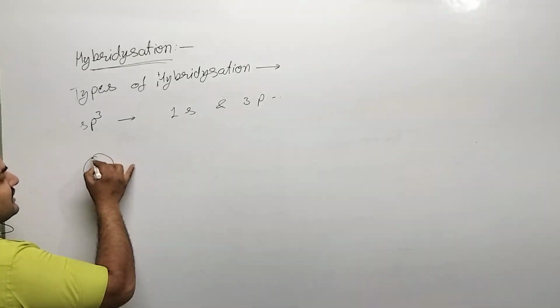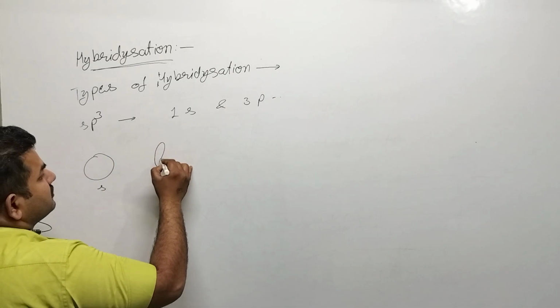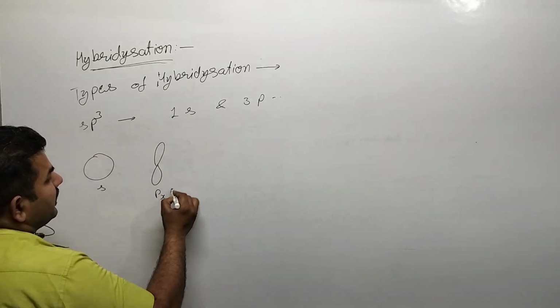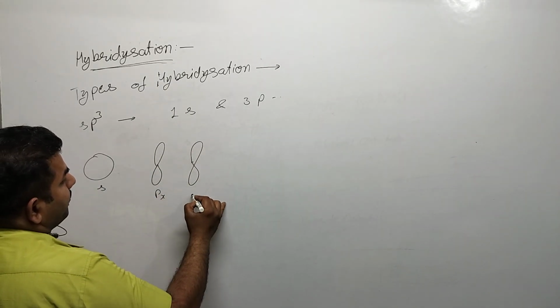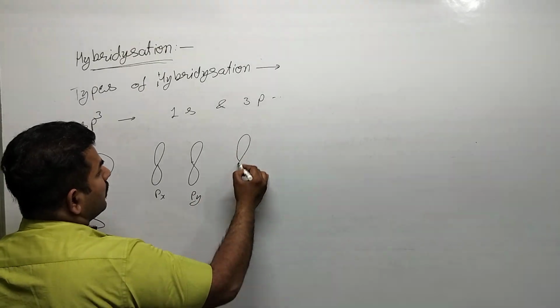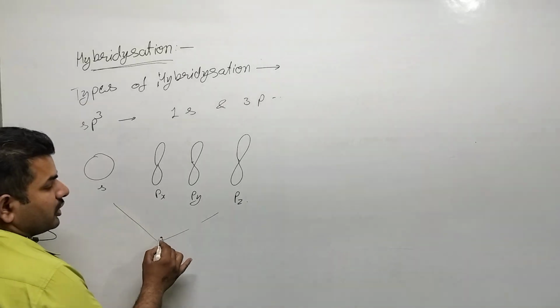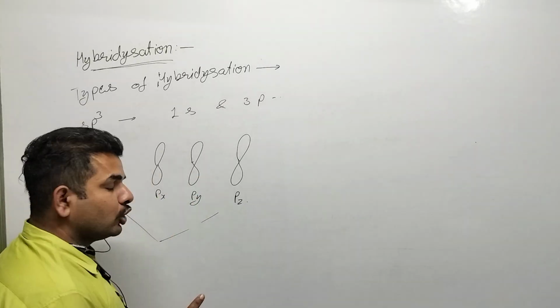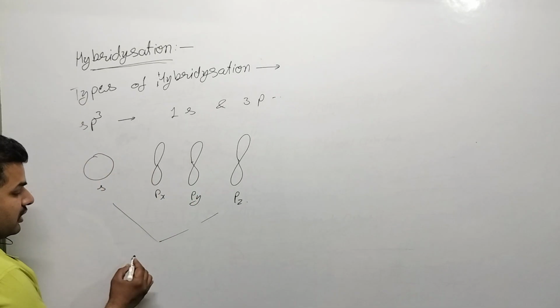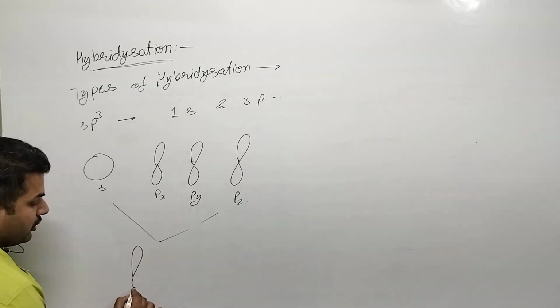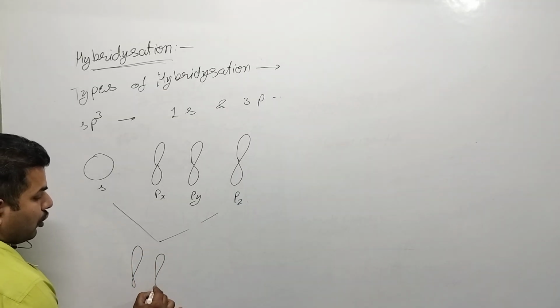That is the s subshell orbital, and we have px, py and pz orbitals. These four orbitals, one s and three p, intermix with each other and form four new orbitals.